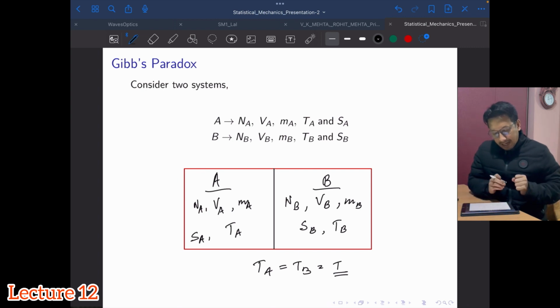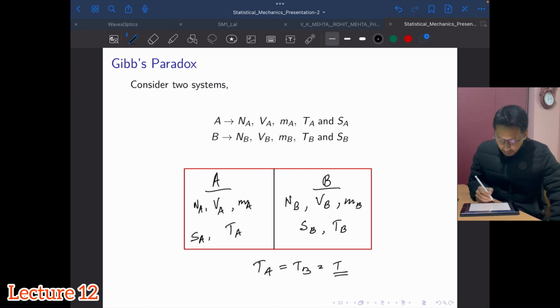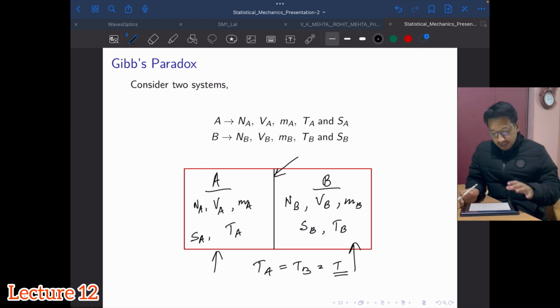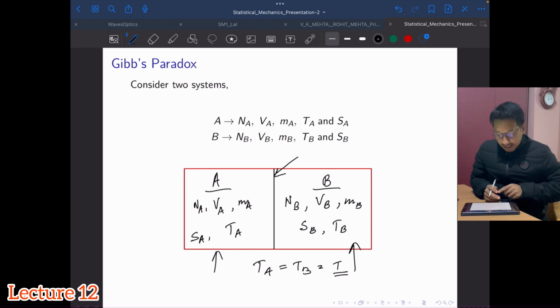What we are trying to understand here is that we will calculate the entropy of system A and the entropy of system B. Then I remove this partition, so the system has particular variables to define each condition.